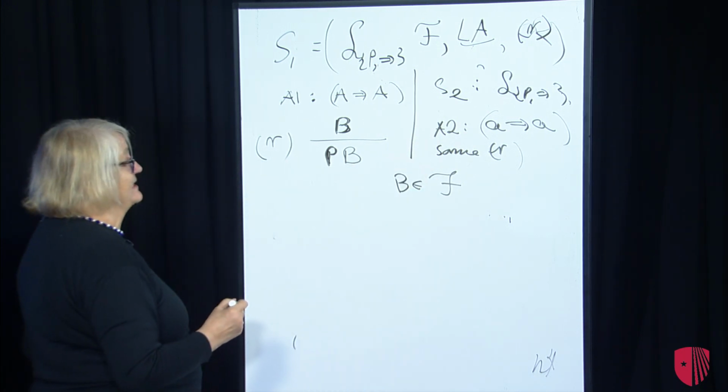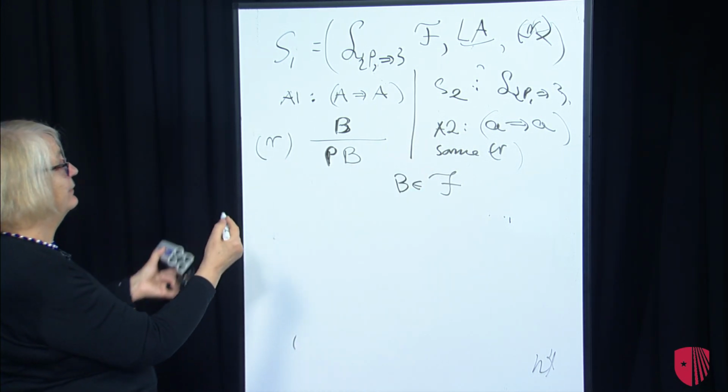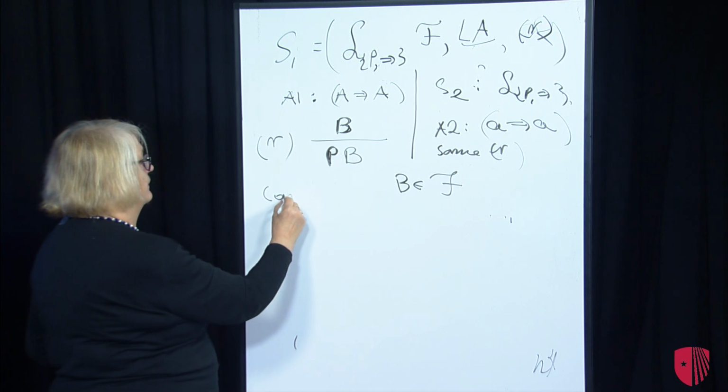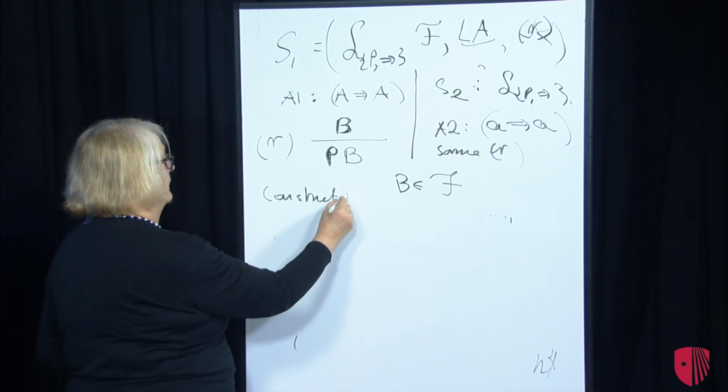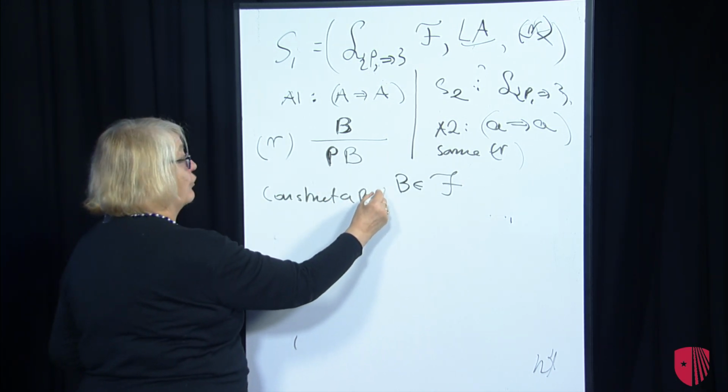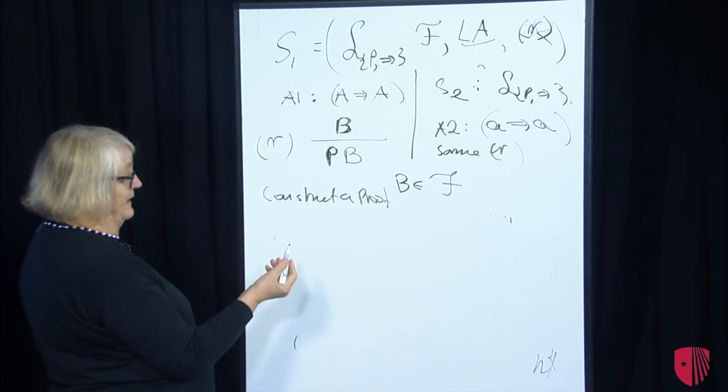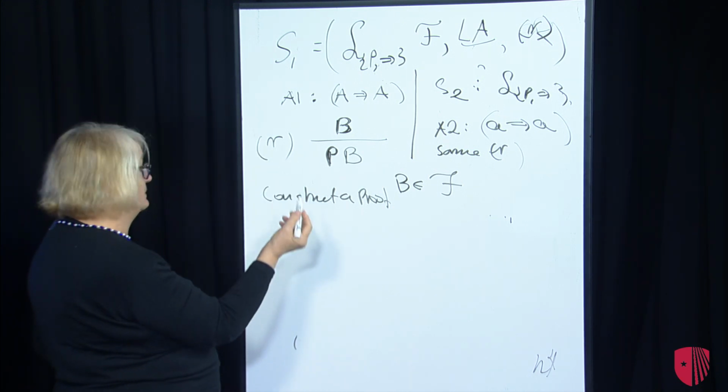So let's see how you construct a formal proof. What does it mean? You have to start with an axiom.